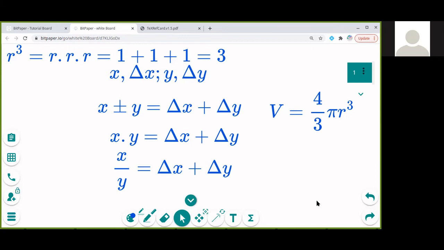Try to keep this in your mind. Let's ask another question. In measuring the voltage of a circuit, the uncertainty in voltage is 2% and the uncertainty in current is 1%.